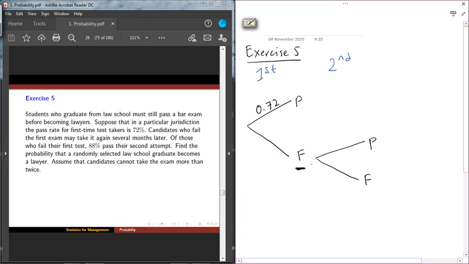If they fail, 88% pass the second attempt, which means the probability of passing on the second attempt is 0.88.